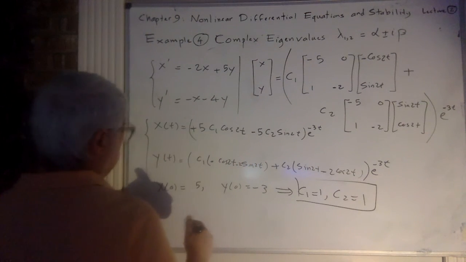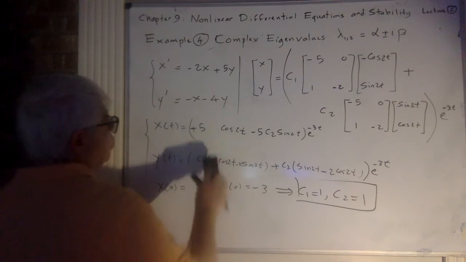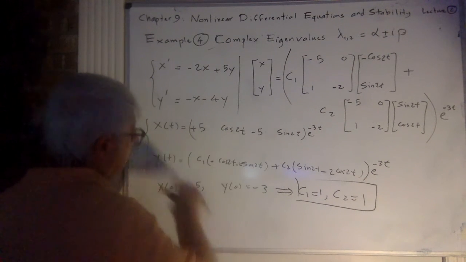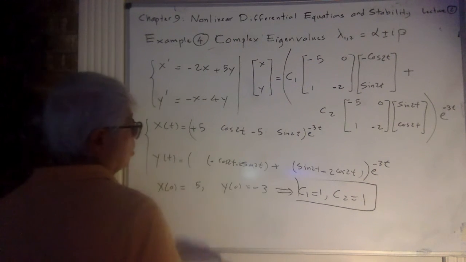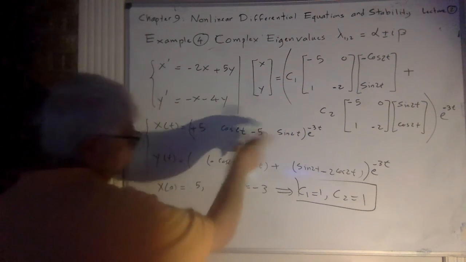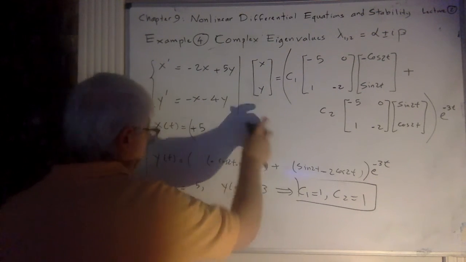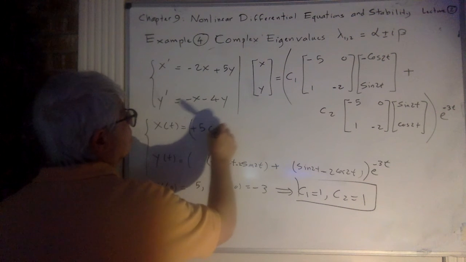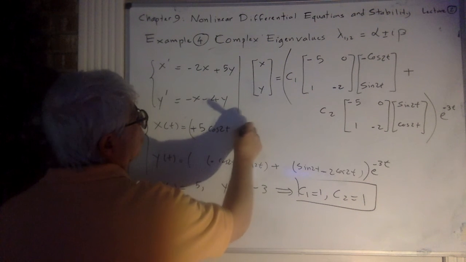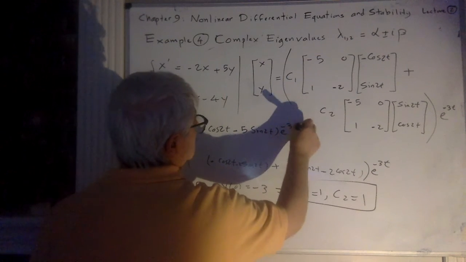There's one here and one here, and one here and one here, so let me write it. x(t) is 5 cosine 2t minus 5 sine 2t, times e to the power minus 3t.